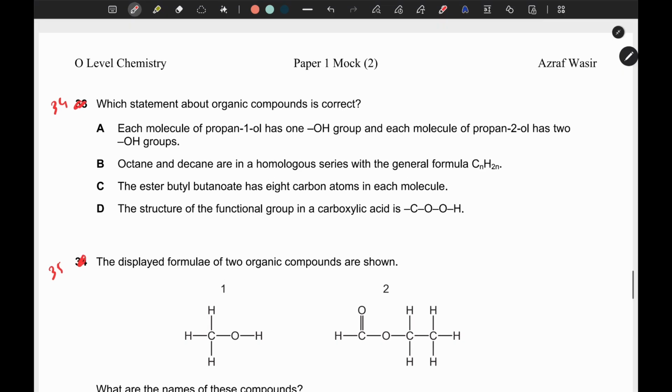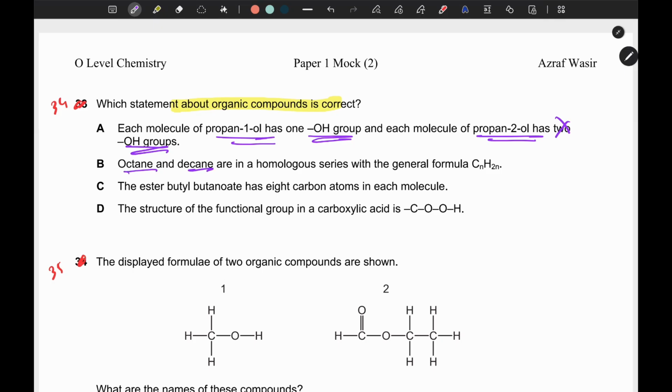So which statement about organic compounds is correct? Each molecule of propan-1-ol has one OH group and each molecule of propan-2-ol has two OH groups. That is definitely not the case. Both molecules have only one OH group. Octane and decane are in a homologous series with the general formula CnH2n.